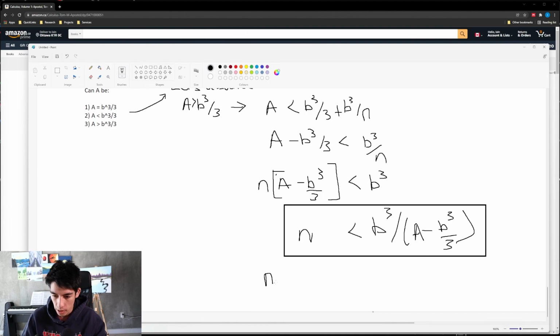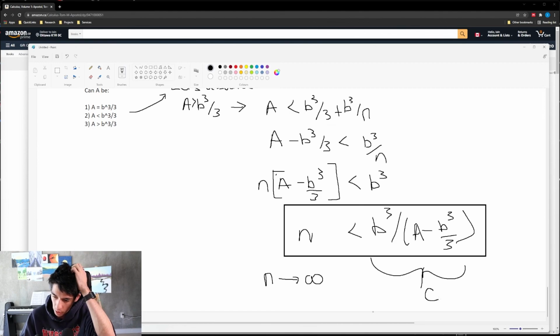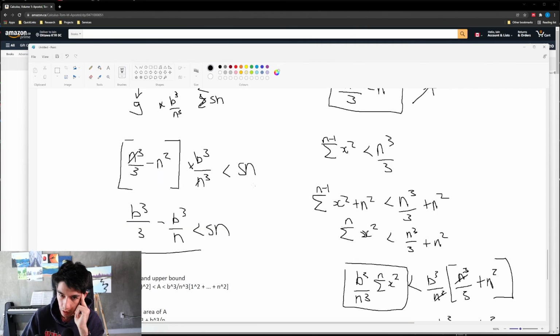As n goes towards infinity, the right hand side here remains a constant number, and therefore at some point infinity will be greater than c. That's why this can't be true, because b is of a constant width.